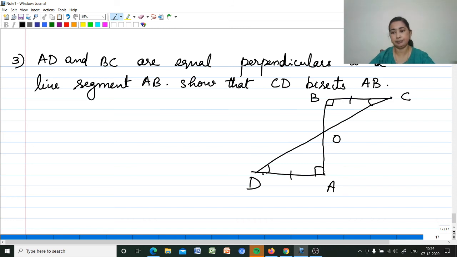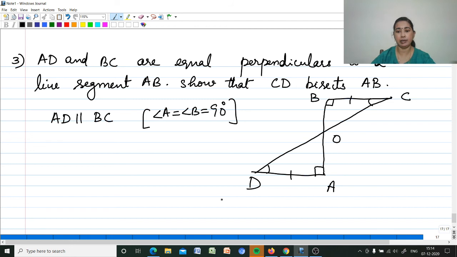What is the reason? Angle A is equal to angle B is equal to 90 degrees, so AD will be parallel to BC. Those two angles are equal, which means those two lines are parallel lines.